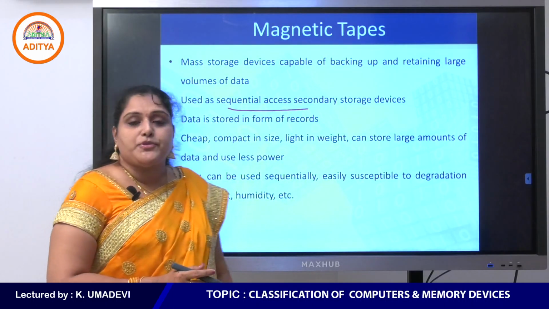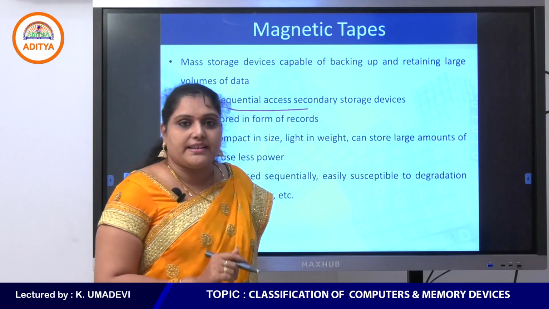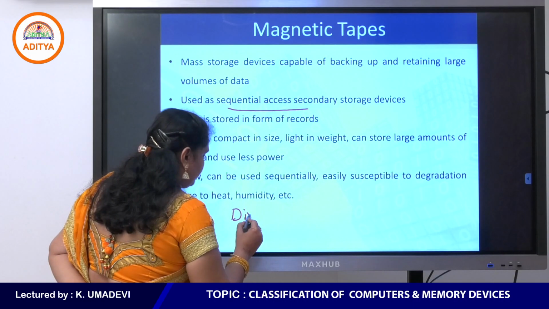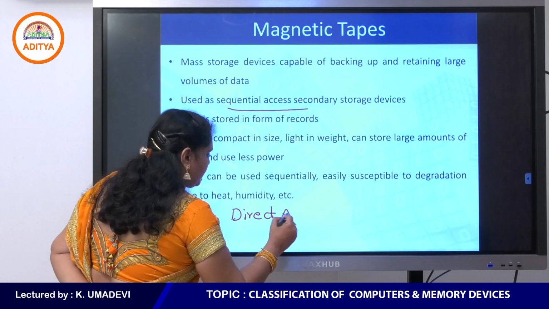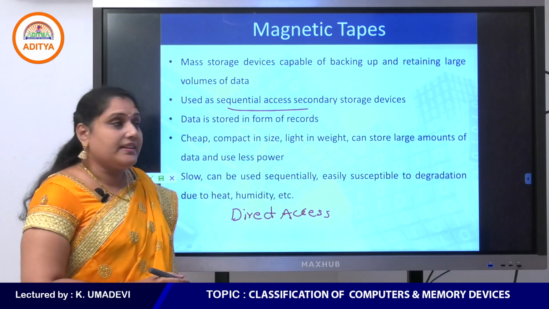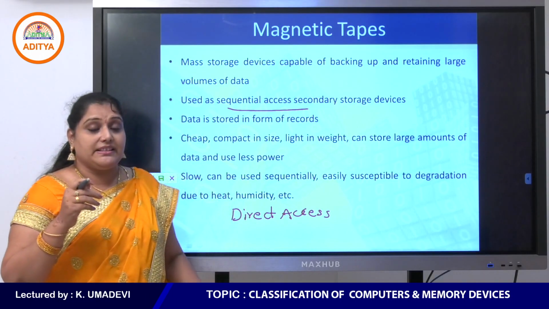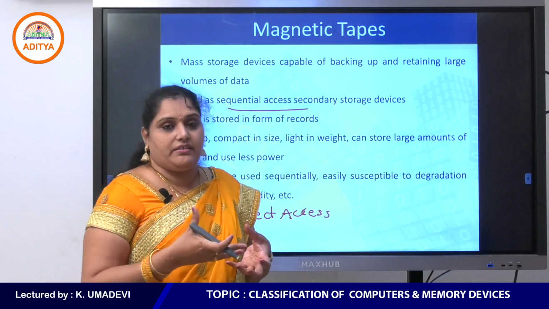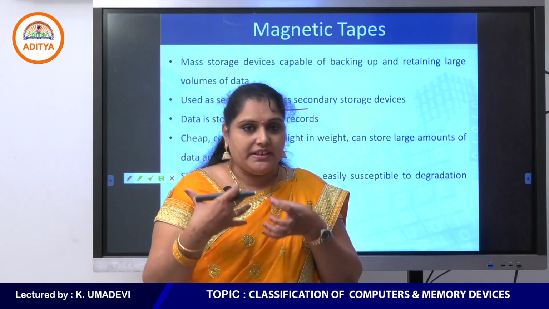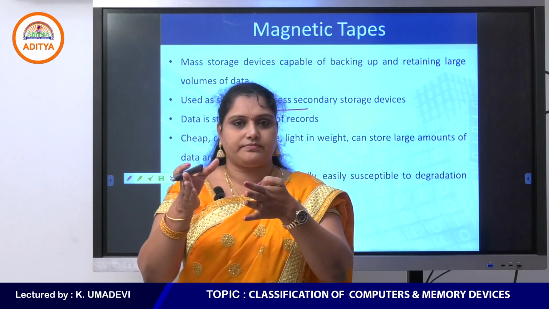There are two types of accessing in secondary storage devices: sequential access and direct access. See, if the device is a sequential access storage device, then the reading and writing, that means data storing and accessing, will be done in a sequential order, that is, in a serial order.